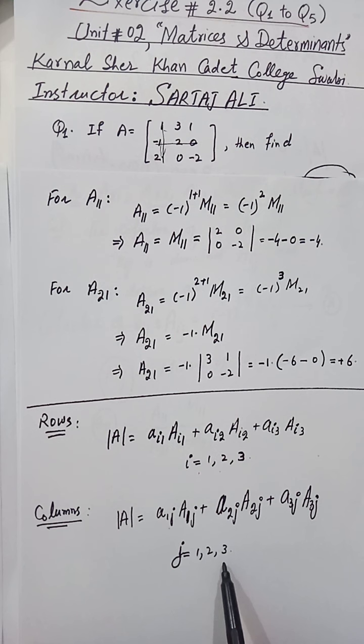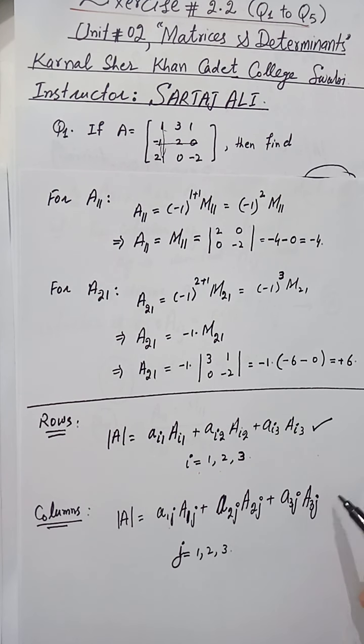And if you use the third column, replace j with 3. So you see that there are 3 possibilities and 3 possibilities. In total there are 6 possibilities for a 3 by 3 order matrix.